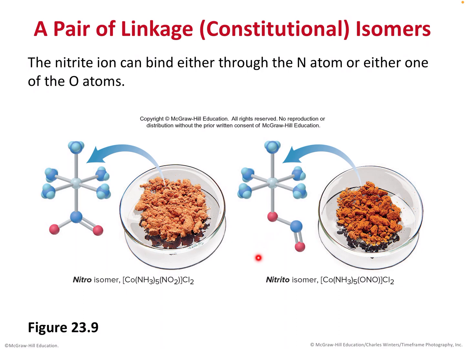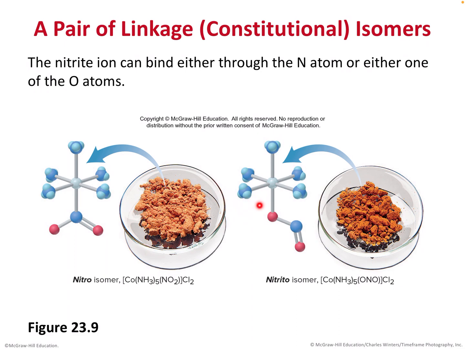And similarly, in this isomer, you have cobalt, 5 amine groups, and now the connection is different. Instead of connecting through nitrogen, here it connects through oxygen, ONO. You see here, this is oxygen, nitrogen, oxygen. So the connection to the central atom is through oxygen.